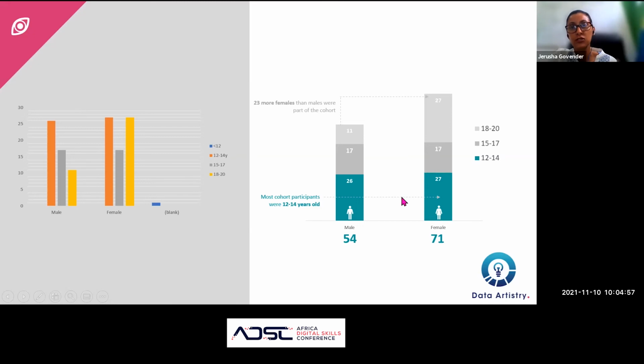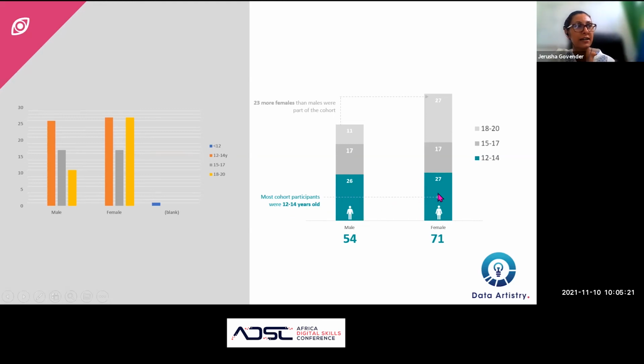The improvement you'll see is that we've used the stacked bar, but we've also used color so that we can draw focus to certain things. The thing that's more important is this age group. It's not even the gender that helps me, but actually 12 to 14 years, there's something I need to think about there. I've already provided some key pieces of information, like more cohort participants were 12 to 14 years old.